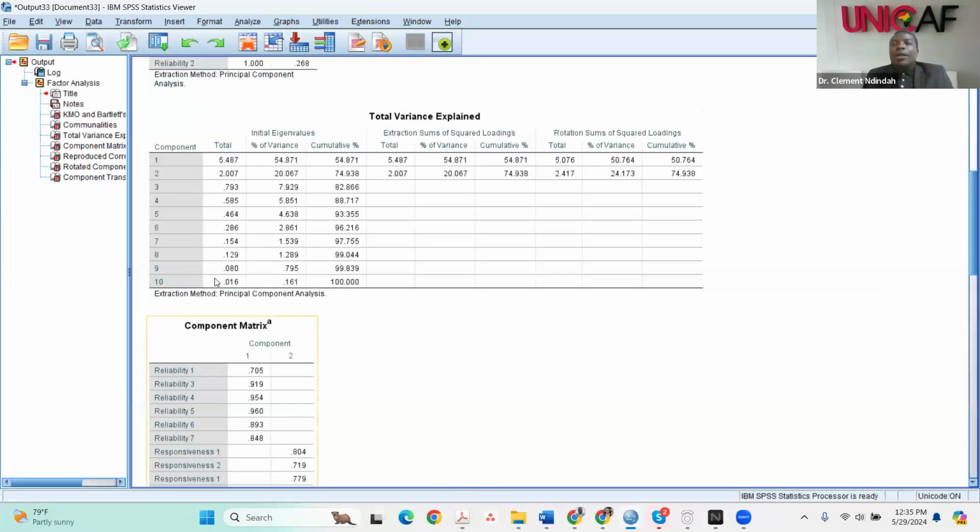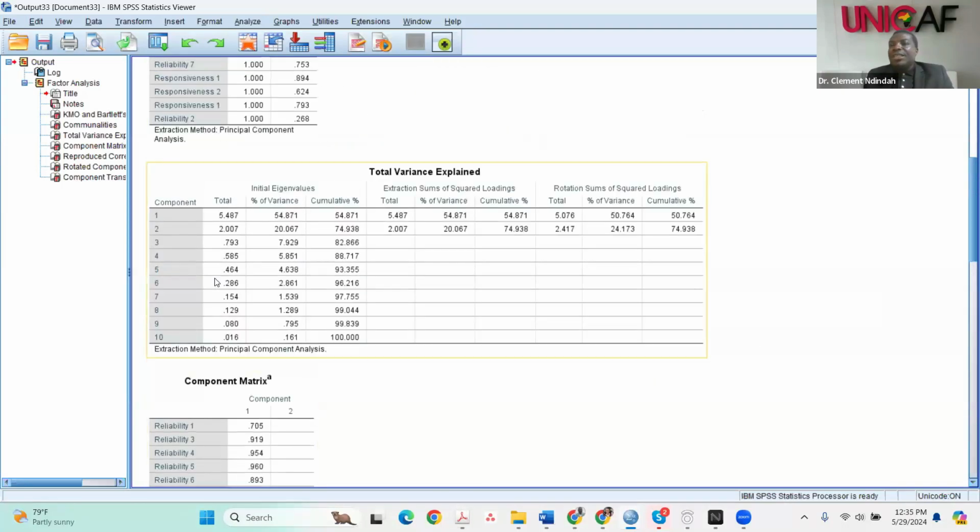In fact, the whole importance of this is to eliminate all of those questions that do not properly measure your construct, so that you, first of all, are not overworking participants by asking them questions that are not very relevant to the construct. And also during your analysis, you'll be capturing just what is essential with respect to the construct that you're measuring.